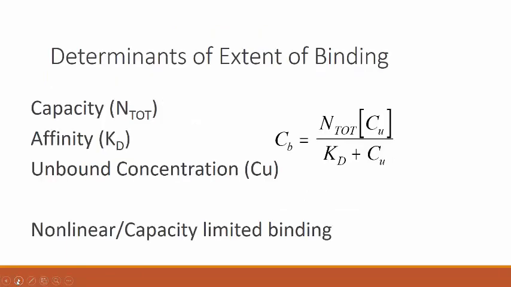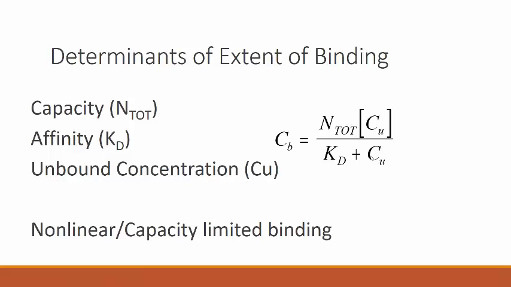Good. So here is our relationship: our bound concentration will be equal to our total number of protein binding sites available times our free concentration over KD plus our free concentration. So this should look very familiar.